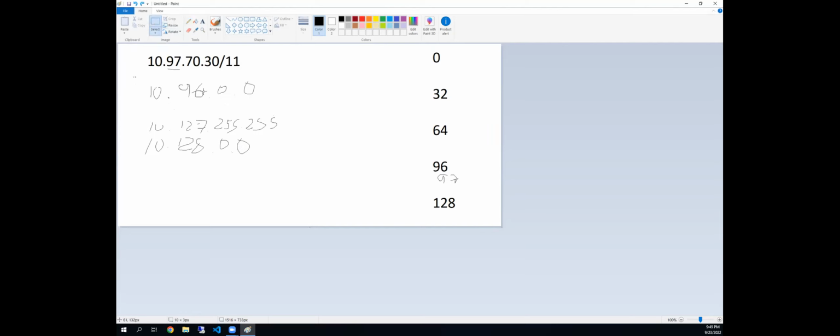I think he's just trying to understand that for class C you don't have to worry about this because it's very straightforward, but for class A and B, because we're working with the second octet, there's more to it. That's a great question, Enrique: why we changed the last octet to 255. Very good. I'm ready for that question.